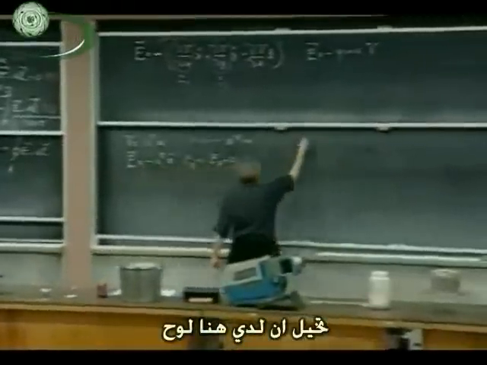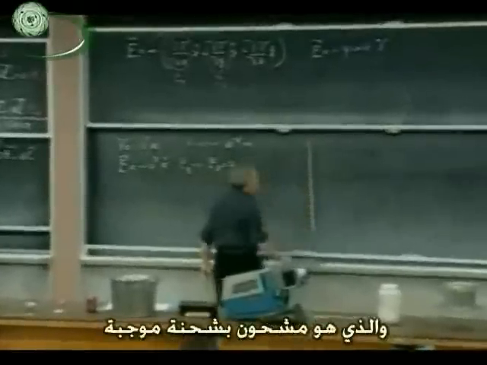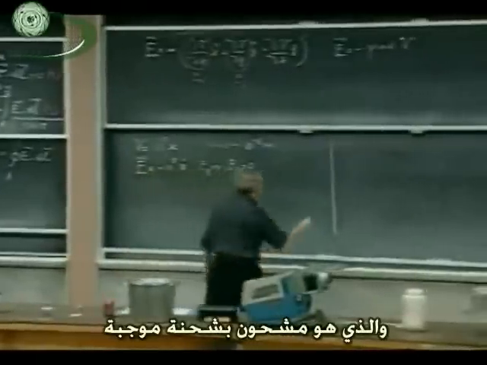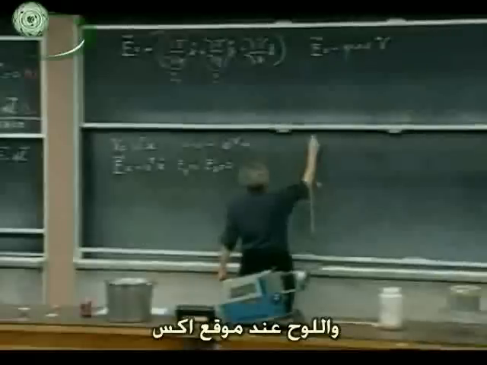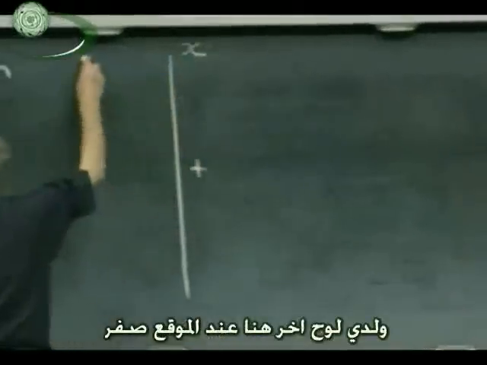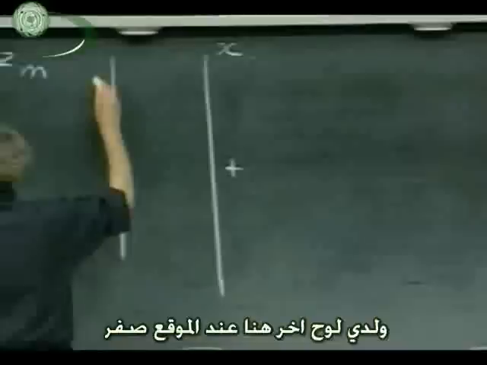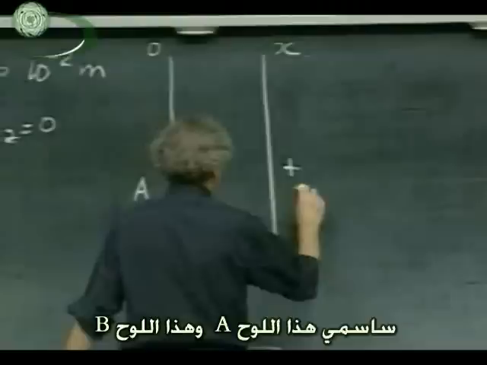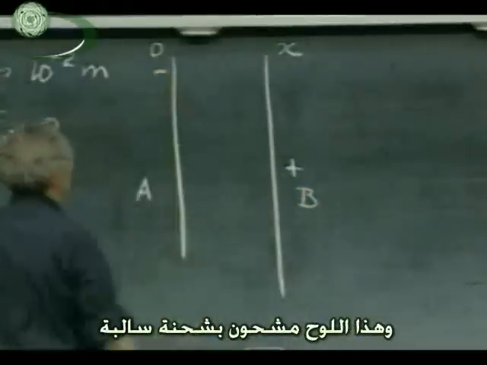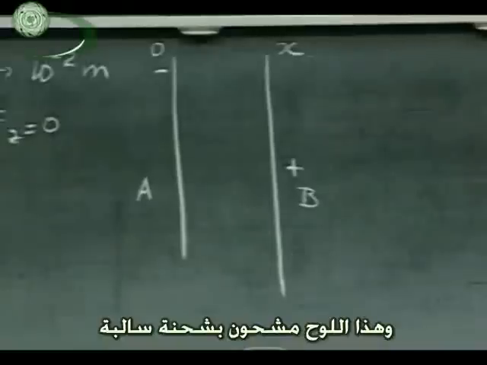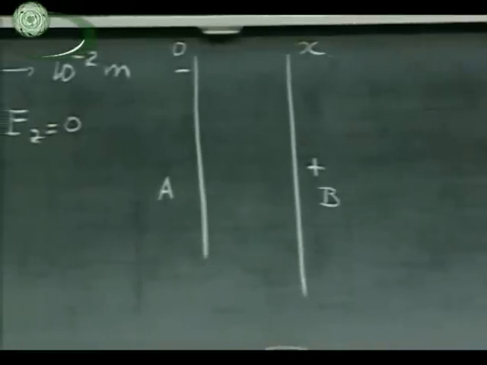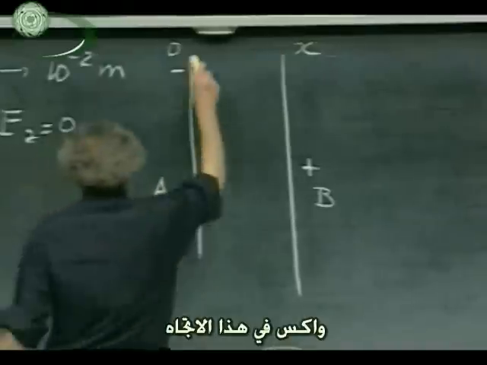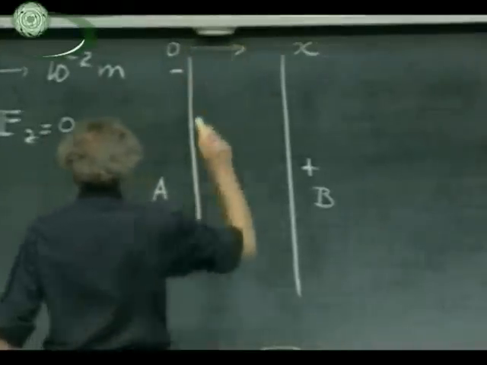Imagine that I have here a plate which is charged, it's positive charge. And the plate is at location x, and I have another plate here, say at location 0. I call this plate A, and I call this plate B, and this plate is charged negatively. So x goes in this direction.